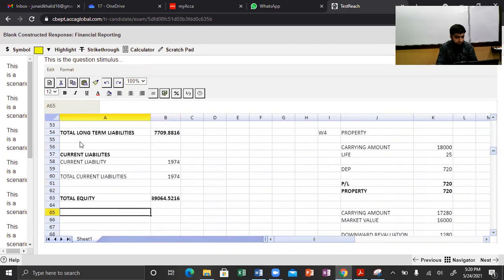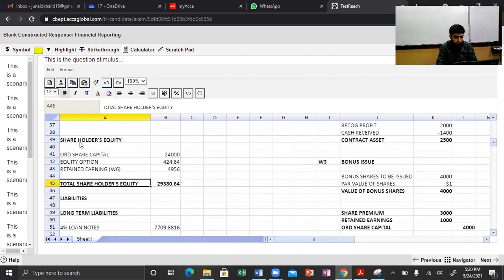Look at the balance sheet side, that is the shareholders equity. Whatever the components are there, that is the mandatory part of your changes in equity.